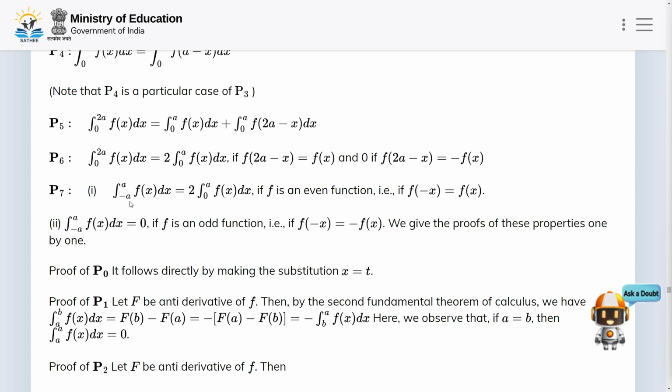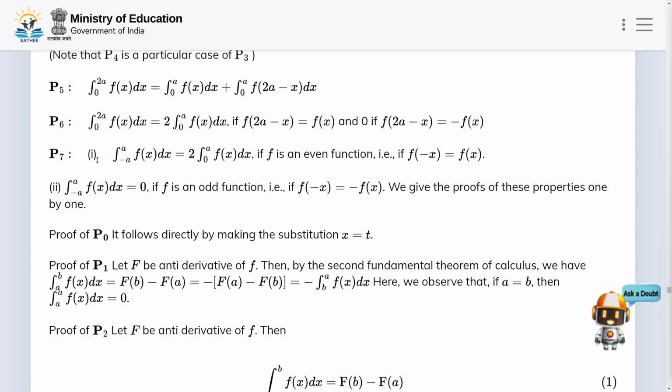Now property P7, first part: the definite integral from minus a to a of f(x) dx is the same as twice the definite integral 0 to a of f(x) dx, only when f is an even function, that is, f(minus x) is the same as f(x).